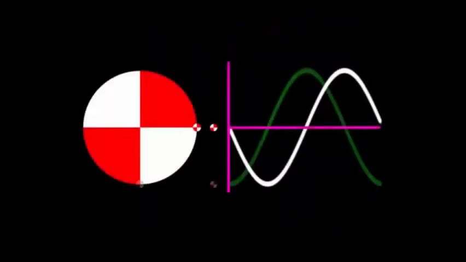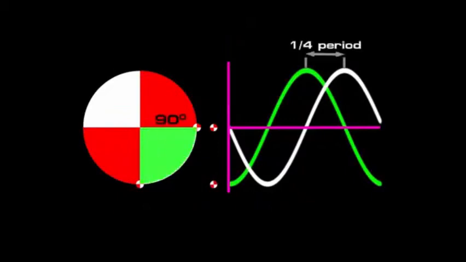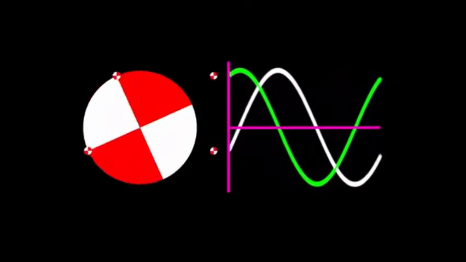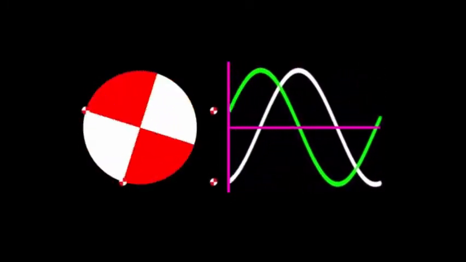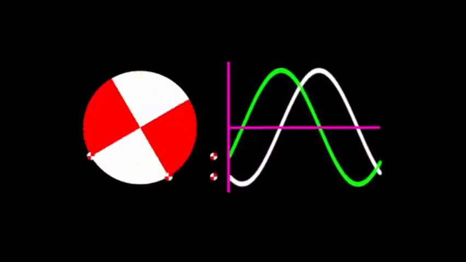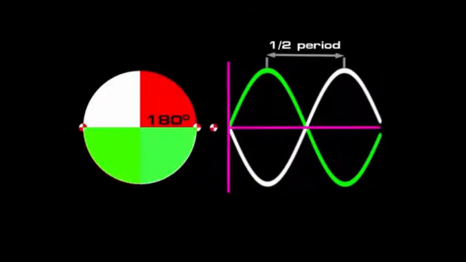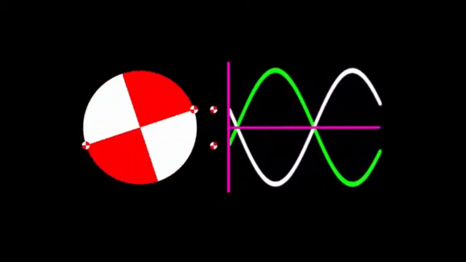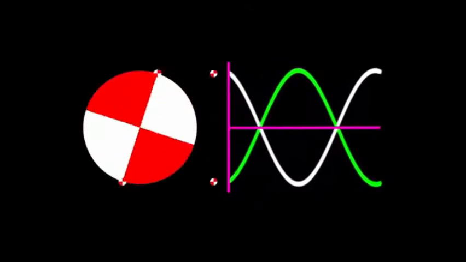Looking at another situation, we apply a 90-degree phase lag, producing a quarter period time delay. This is essentially equal to a phase lead of 270 degrees with 3/4 period time shift. Next, we apply a 180-degree phase lag, which results in a corresponding half-period time delay. This is equal to applying a 180-degree phase lead for a half-period time shift. As you can see, the original wave is completely inverted.